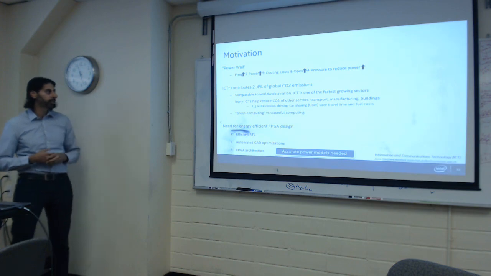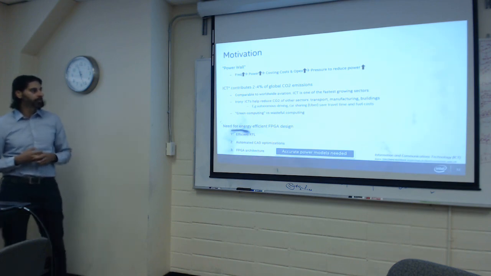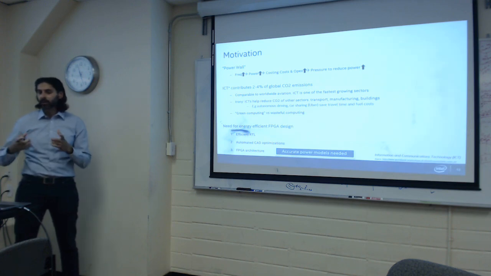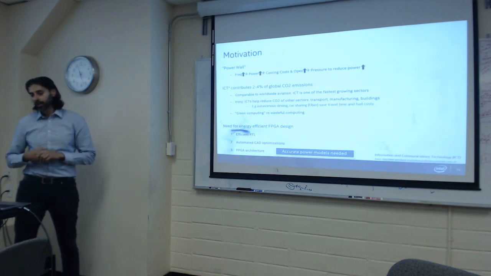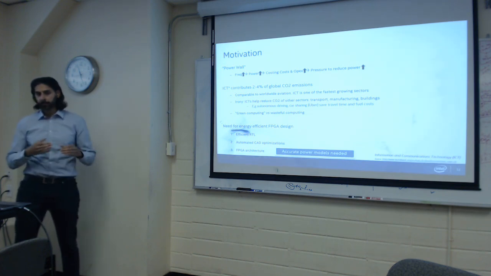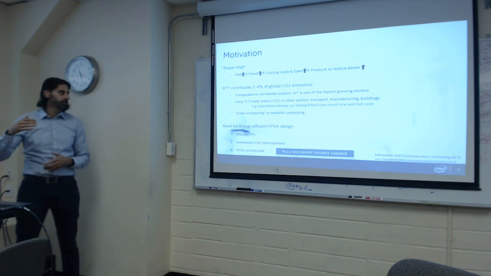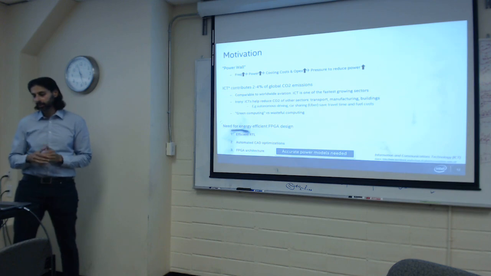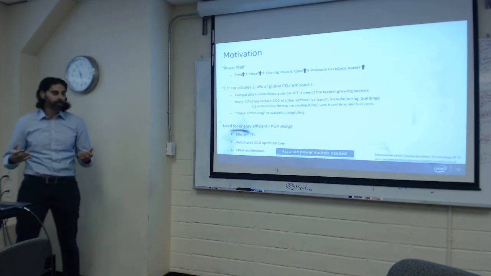I pulled up some metrics. ICT, Information and Communication Technology. This is a subcategory of CO2 emissions. If you read the articles, CO2 emissions are tracked yearly into different categories: aviation, transportation. ICT is one of the subcategories, and this is all things semiconductors, right?